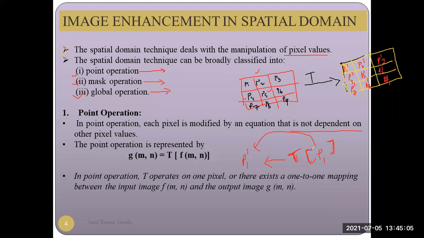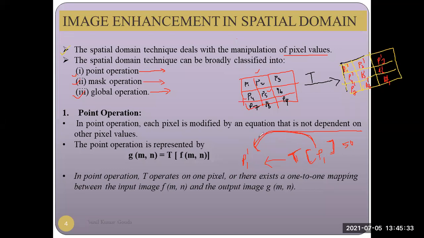Okay, so if I say increase this pixel value's intensity by 50, that is the transformation we are asked to do: increase the intensity of pixel P1 by 50. Now what will P dash represent? P dash will represent an intensity level greater than 50, whatever P1 had. So this is called your point operation.